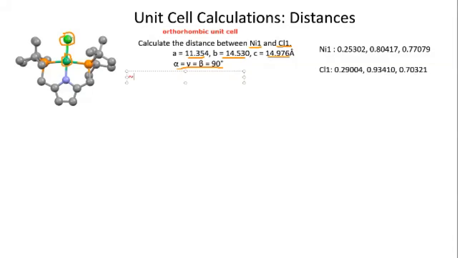But this is just a very broad approximation. It could be anywhere from 1.9 to 2.1, but based on my intuition and understanding of nickel and chlorine, somewhere around 2 angstroms is where this distance between these two positions should be.